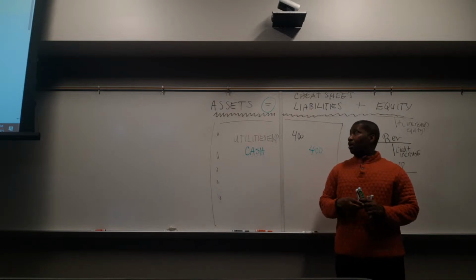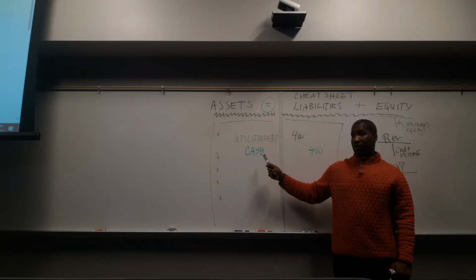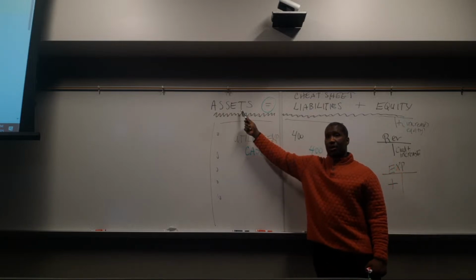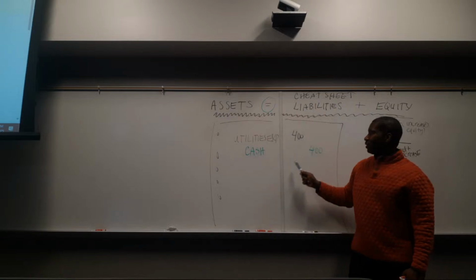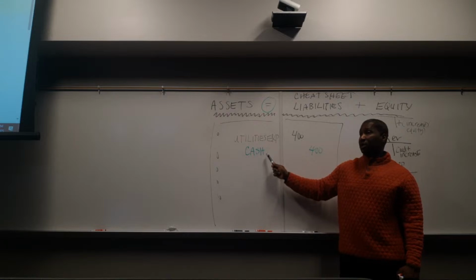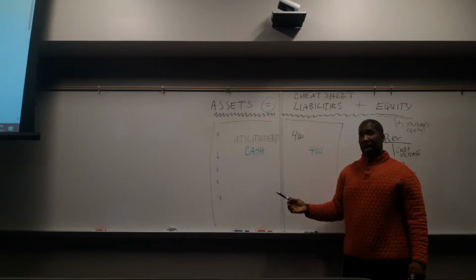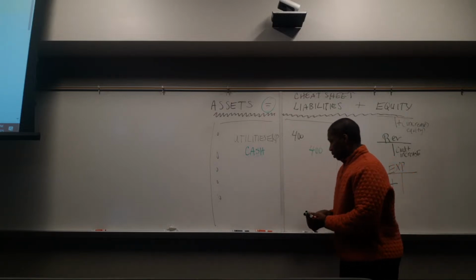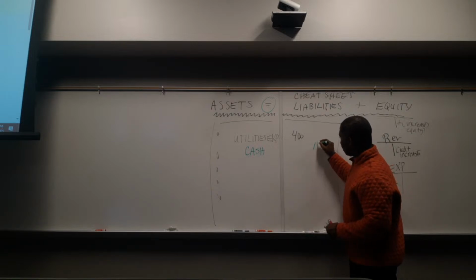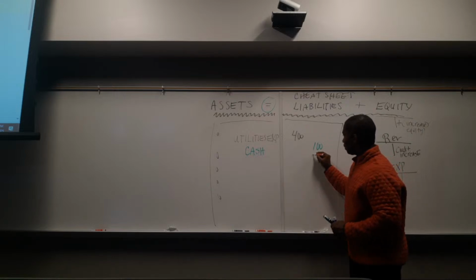Okay. What if I hadn't paid that yet? Then that would be a what? Would it be an asset if I had not paid it yet? It'd be a liability. So I have some type of payable here, probably utilities payable, okay? If I had only paid $100, then I would have a liability of how much? $300.